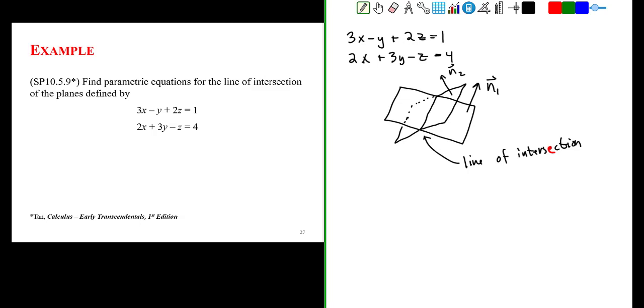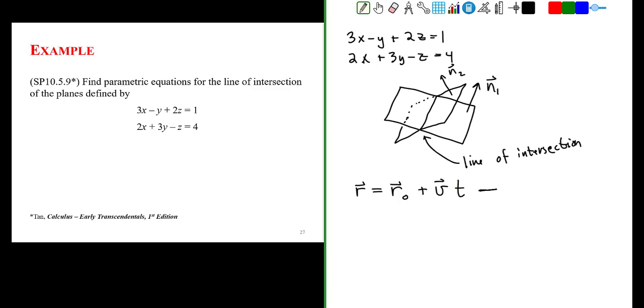You may remember from a previous lecture that we could describe a parametric set of equations for a line in space given as some position vector r for a point on the line is equal to some known point on the line plus a vector that is parallel to the line times a parameter t.